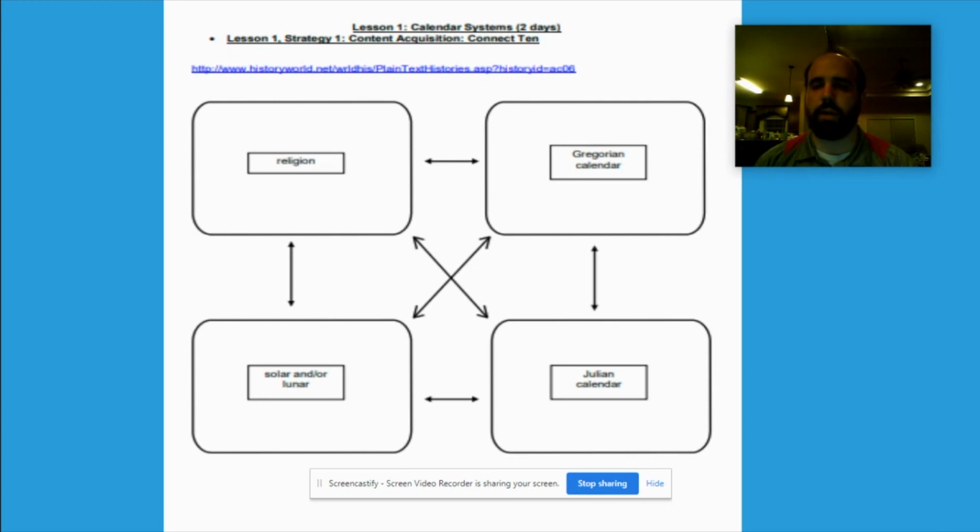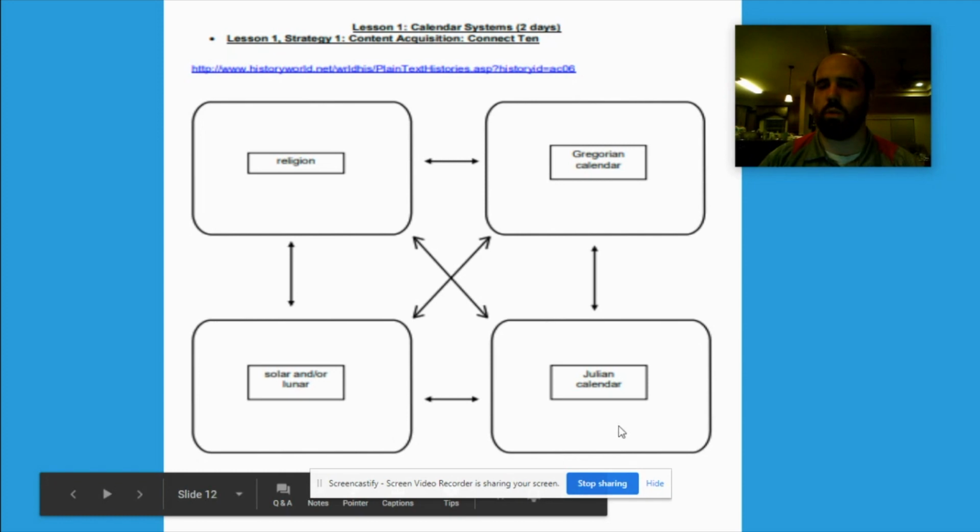And I really like that because then they can take what they've annotated and then put it in the strategy. So highlight those connections. And that's fine. Some of what you can do, and we want to make sure we understand this, is, maybe they have a definition of Gregorian calendar already. They have a Julian calendar. Maybe they write that here in the box just to keep some things organized.